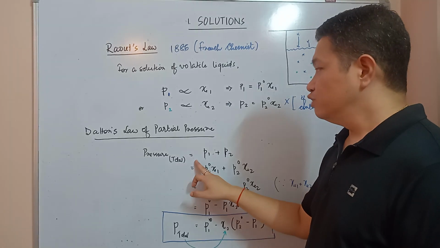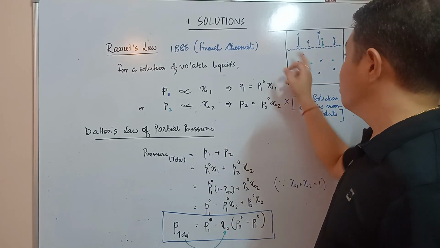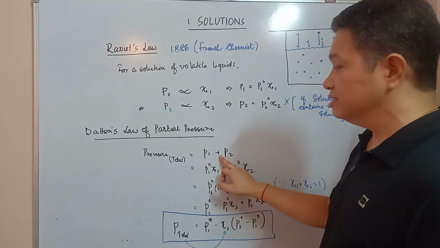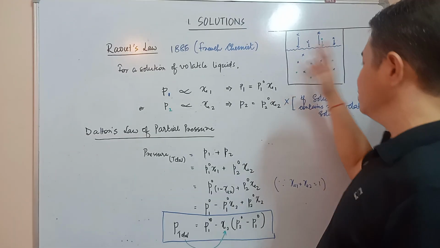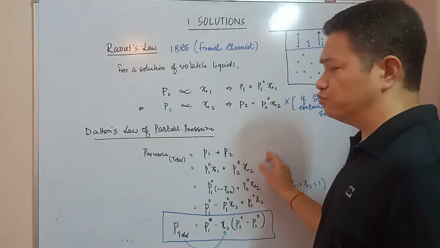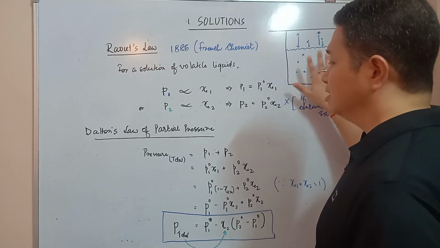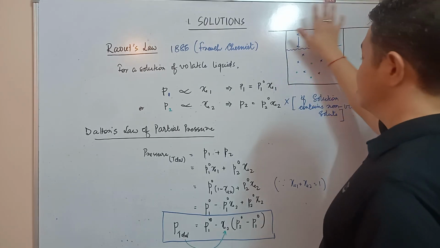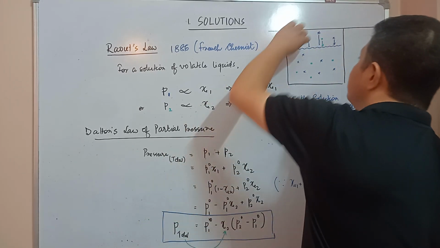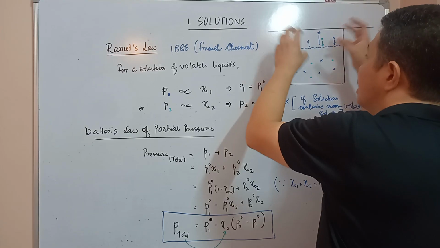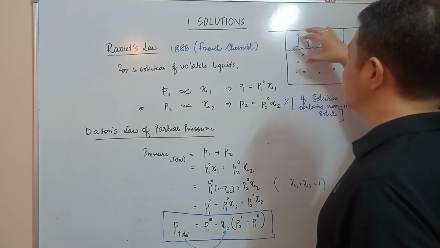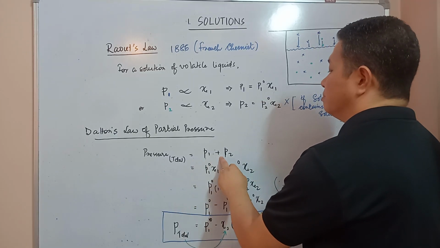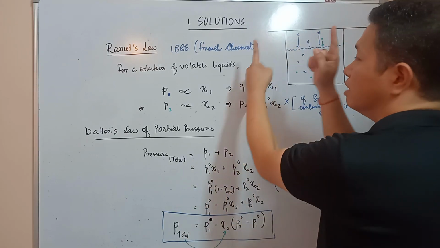It will be the partial pressure of each component. Suppose there are two components, so the partial pressure of the first component plus the partial pressure of the second component. If there are three, then plus the partial pressure of the third component. Whatever components are there, what will be the total pressure of the system? The total pressure of the system, of all kinds of components present in the solution, will be equal to the sum of the partial pressures of the individual components.